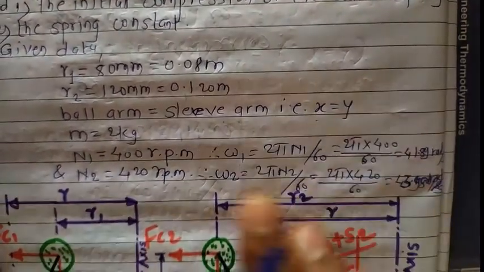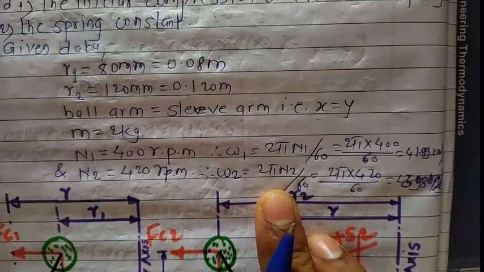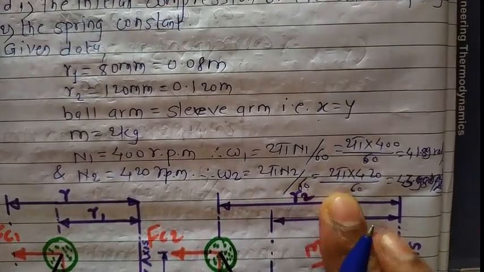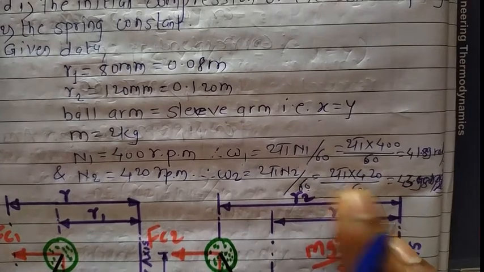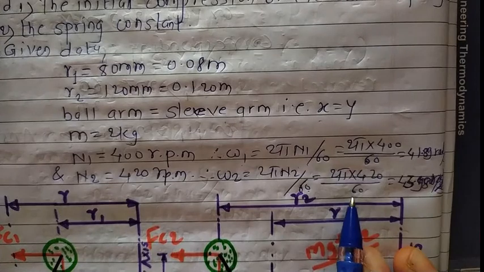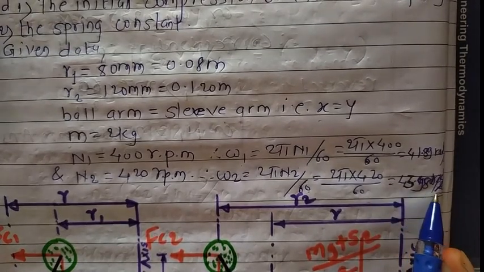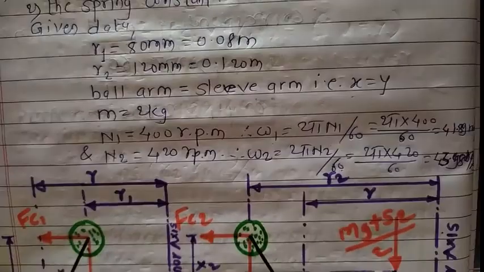Similarly, omega 2 equals 2 pi N2 divided by 60, equals 2 pi multiplied by 420 divided by 60, equals 43.98 radian per second.